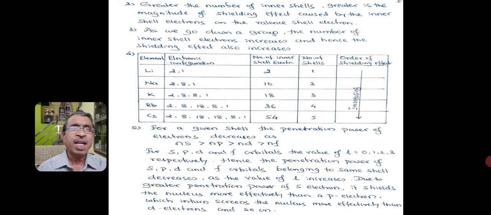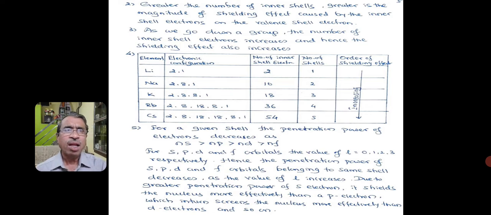Because of the increase in the number of shells, the valence electrons are far away from the nucleus. Hence, the shielding effect increases when we go down in a group.